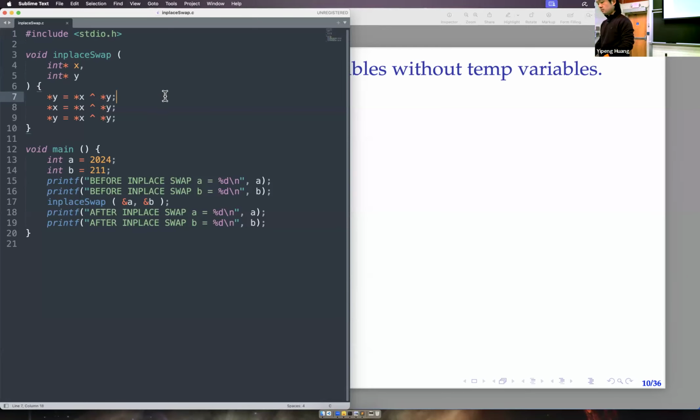Like you have two integers which are represented in binary, Yeah, so it's flipping bits, right?